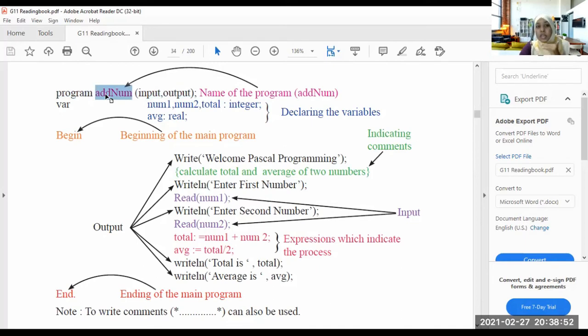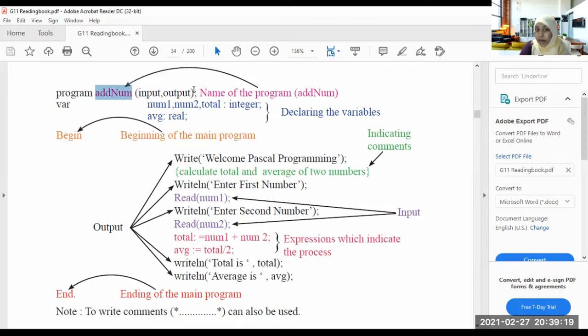It is not necessary to write using capital letters or simple letters. Whatever letters you can use, you can write. And when you are writing names like this, just write identifiable names, names which can be understood, right? So the program is add num.